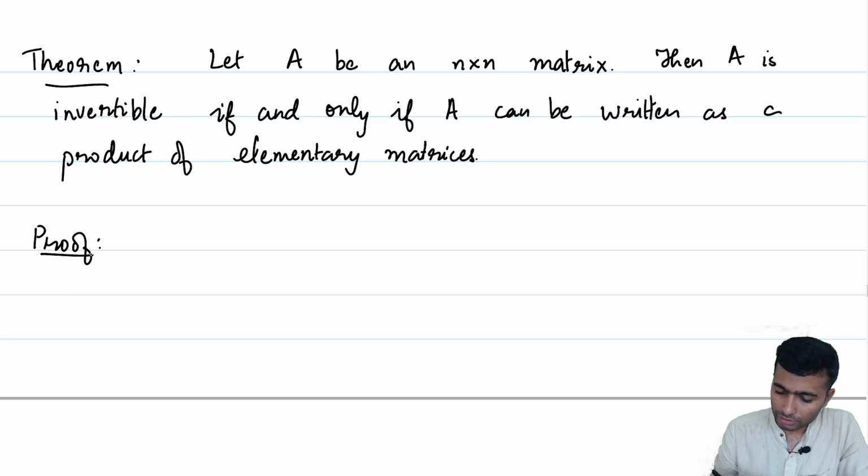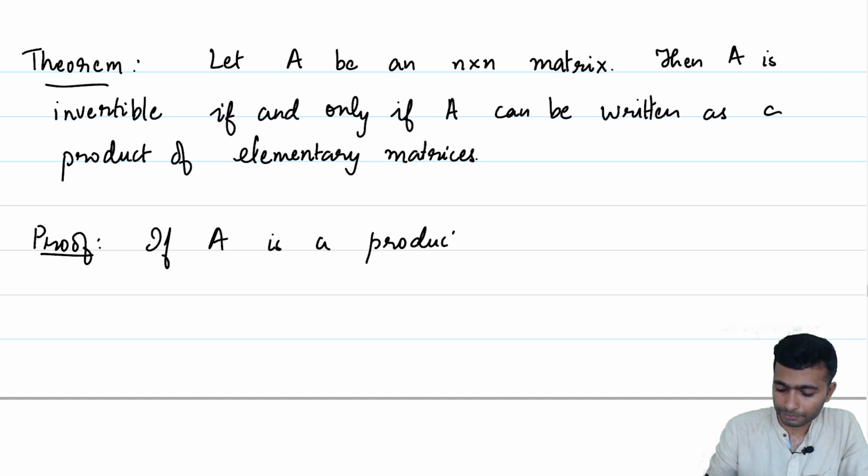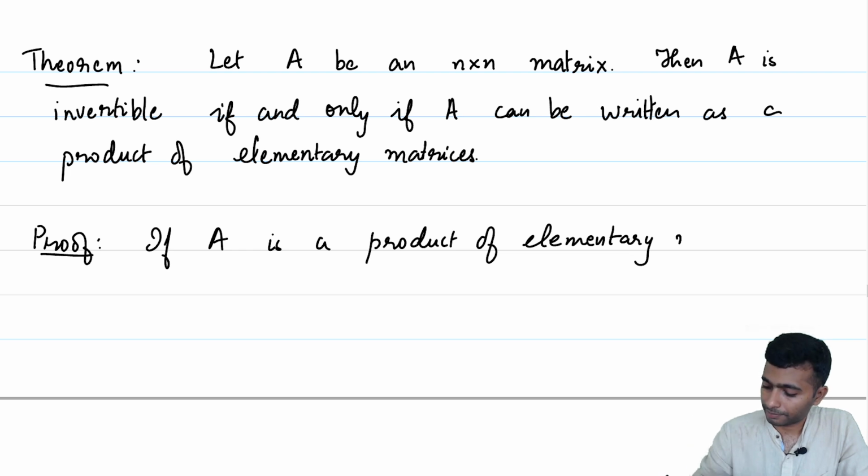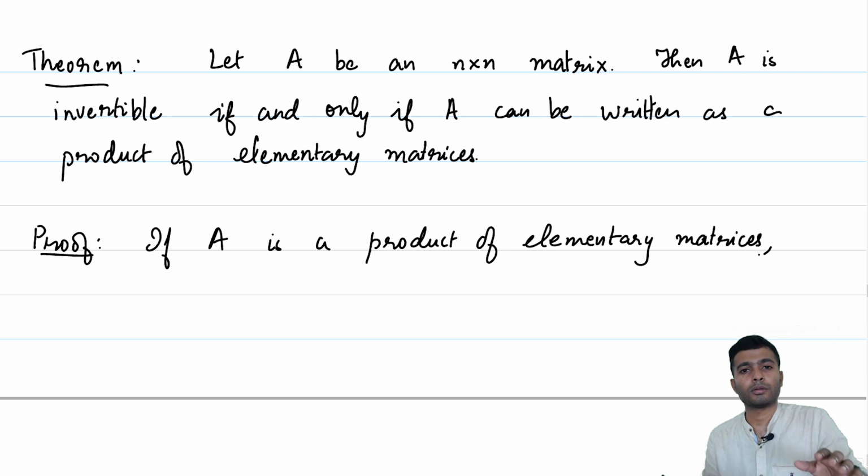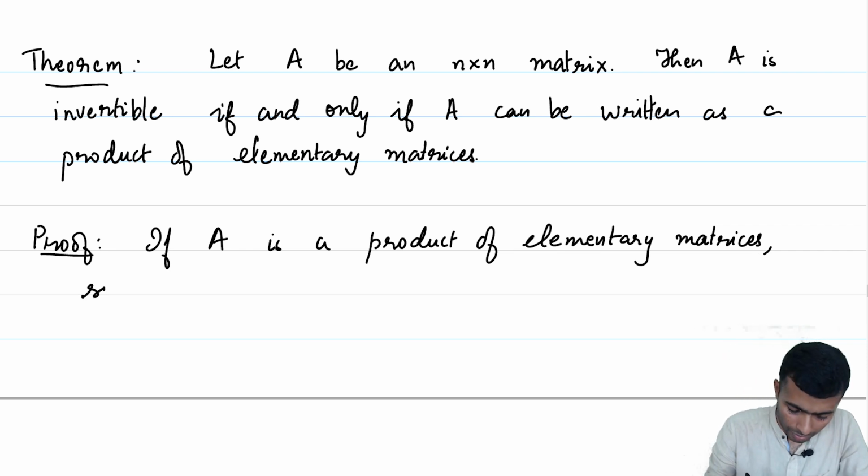One side is straightforward. If A is a product of elementary matrices, then notice that each of the elementary matrices is an invertible matrix. Then the product of invertible matrices is also an invertible matrix.